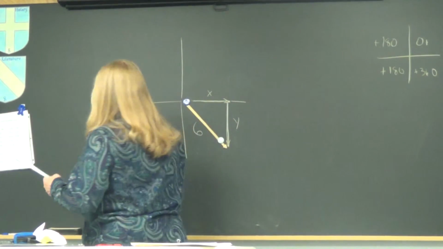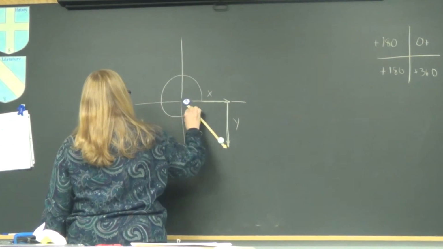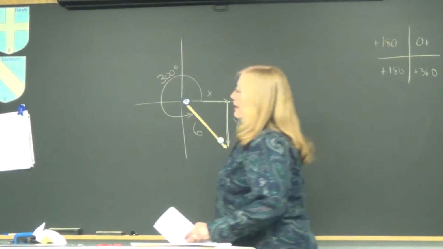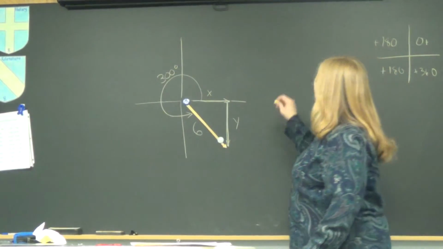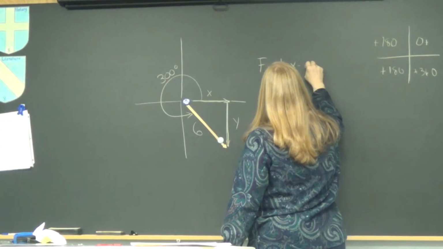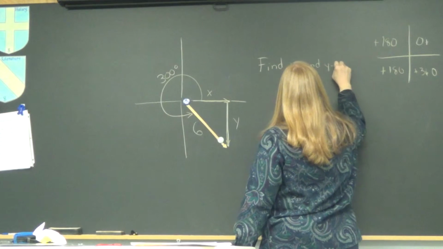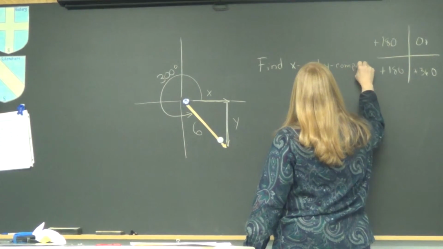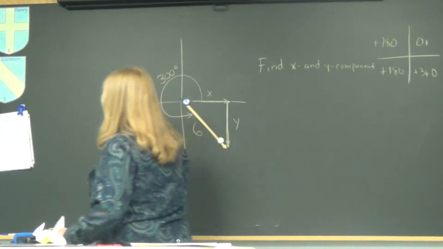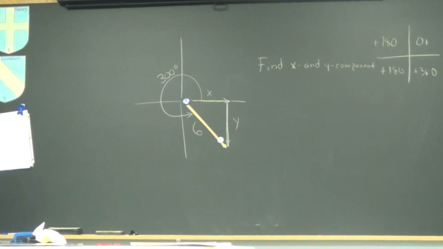The angle, from here to here, is 300 degrees, so draw that in. And the command is find the x and y component. Alright, see if you can work a second ahead of me.